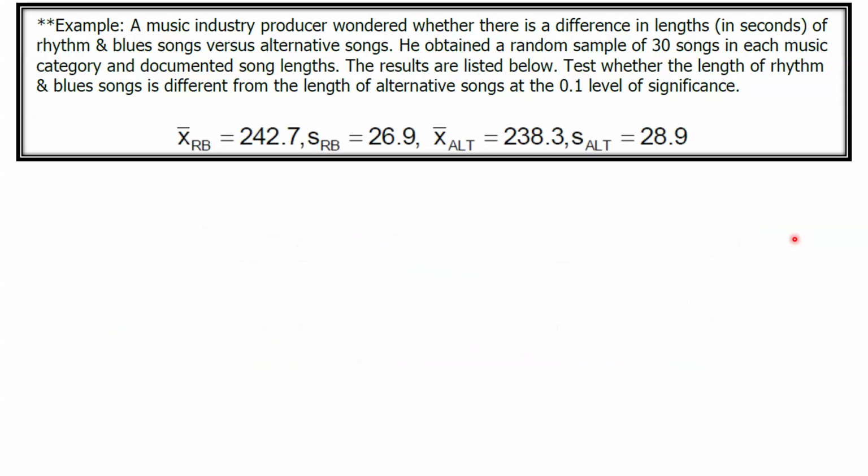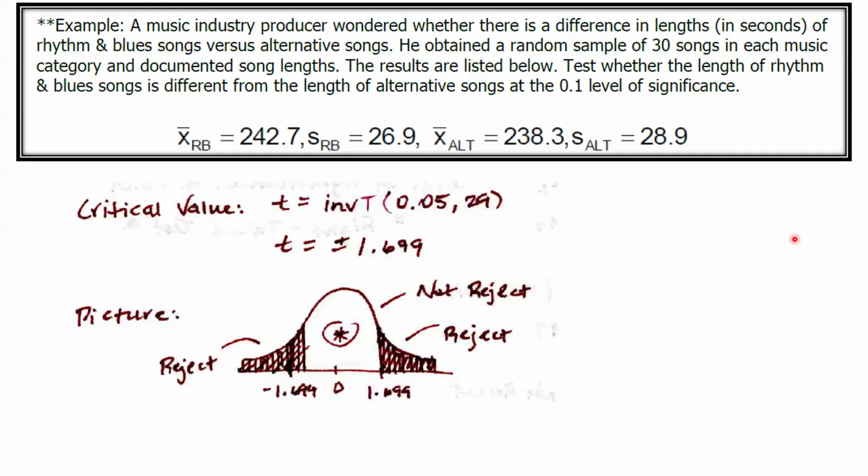So next we need to find our critical value. We can use inverse T or we can use the formula chart. Since we are a two-tailed test, we need to take our alpha, 0.1, which is the total area, and divide it by 2. So now each tail's area is 0.05.